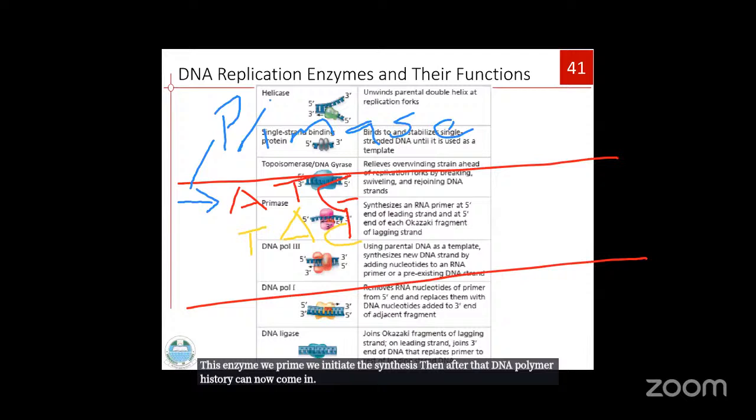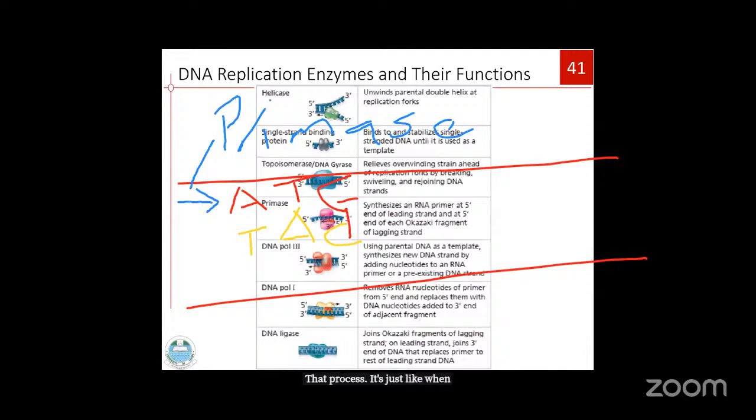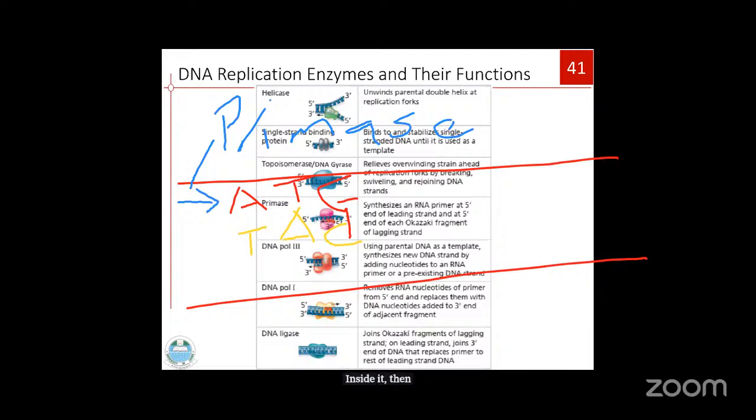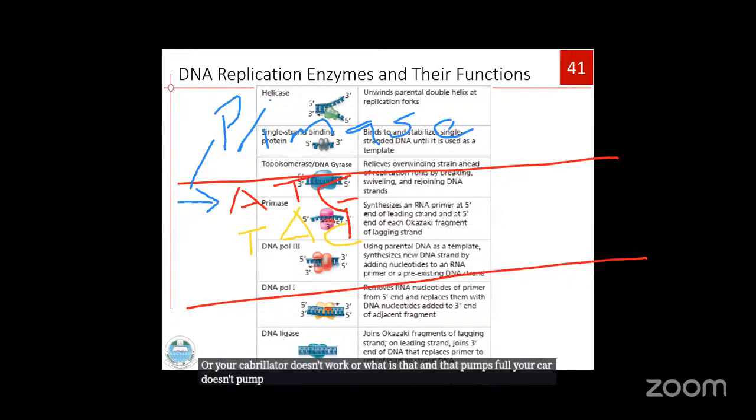It's just like when you want to pump your water and your pumping machine doesn't start until you first pour water inside it, then it now picks up, right? That is how it works. Or your car doesn't pump fuel very well, so you need to put petrol in your mouth, like all these mechanics do, and blow it in before the car will start kicking and start pumping fuel.